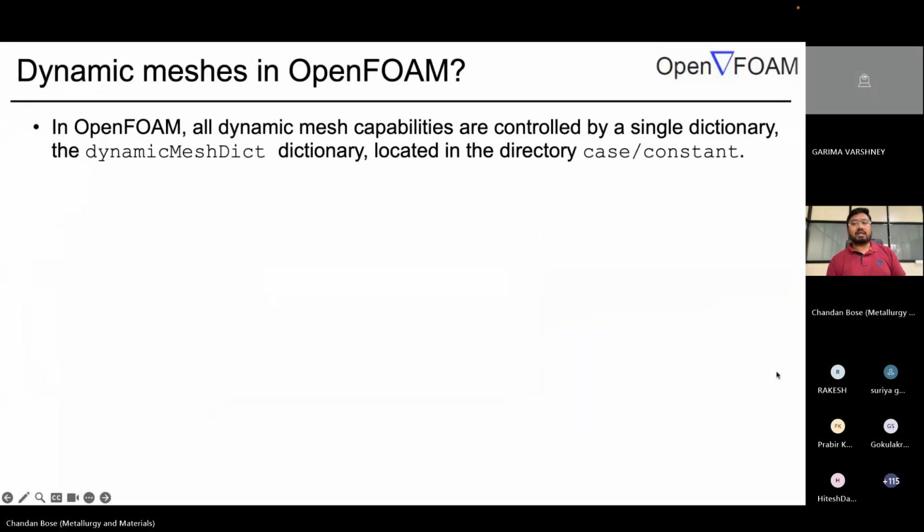Now, how do we incorporate these meshing strategies in OpenFOAM? By now you all know the OpenFOAM case structure. What are the different files that we have? We have the zero folder within which we define the initial and boundary conditions for different state variables.